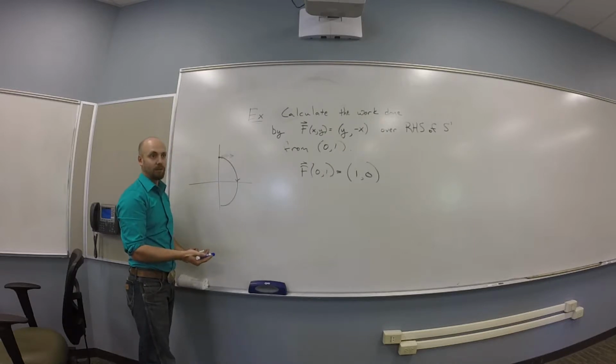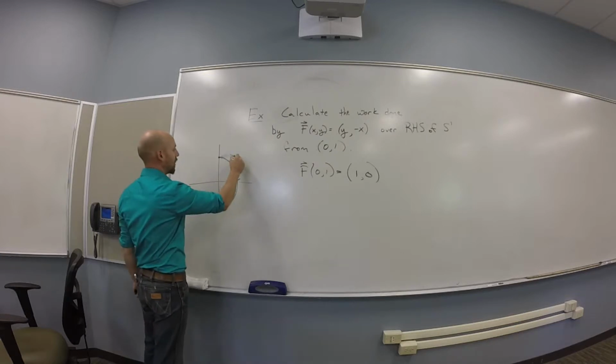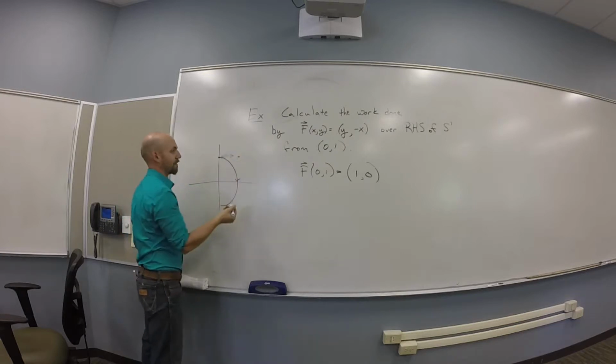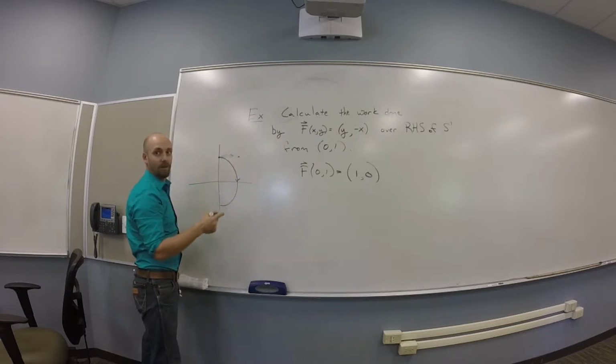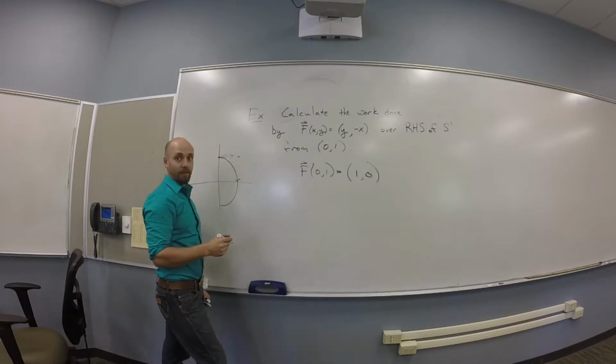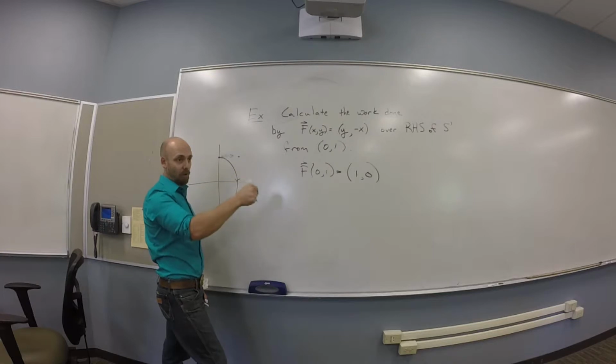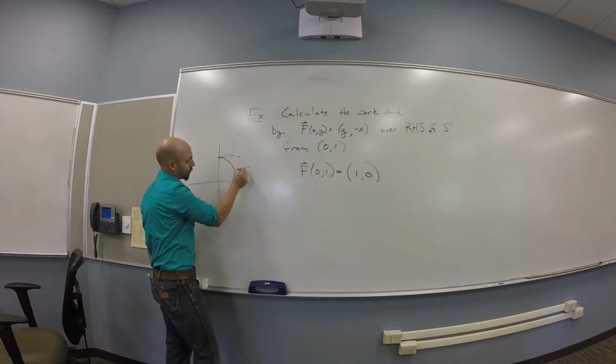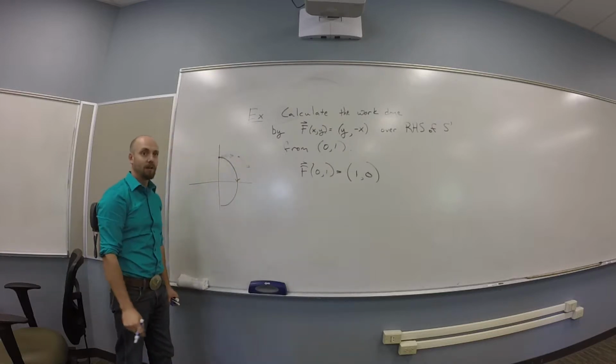You guys cool with this? For instance, up here at 1, 1, what's this thing? 1, negative 1, right? So we're going right 1, down 1, so I get a vector that's square root of 2 long pointed that way.